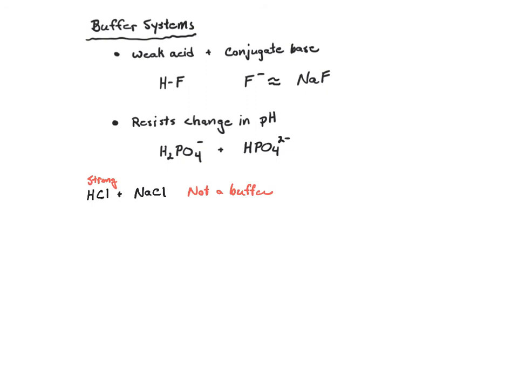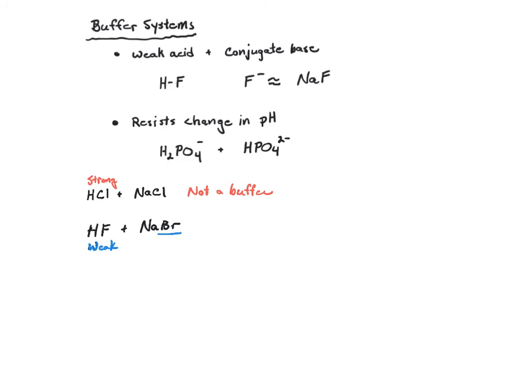Okay, now, what if we had something like HF plus sodium bromide? Well, HF is a weak acid, so that's a good start. Okay, but bromide is not the conjugate base of HF.